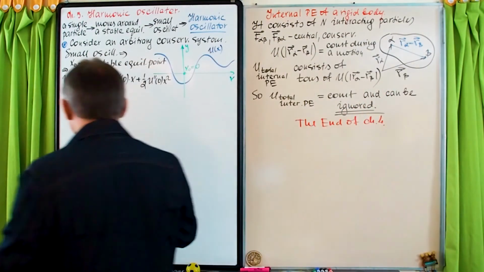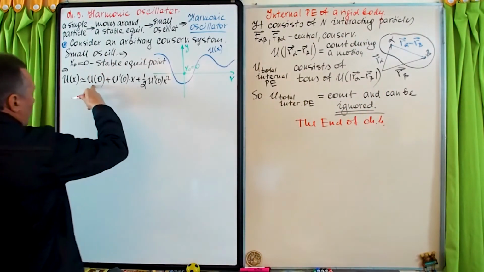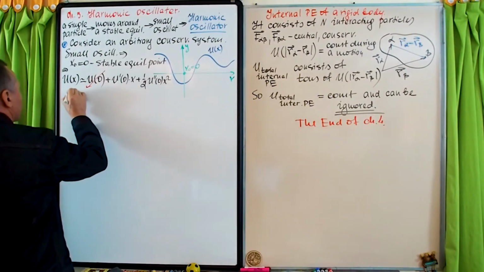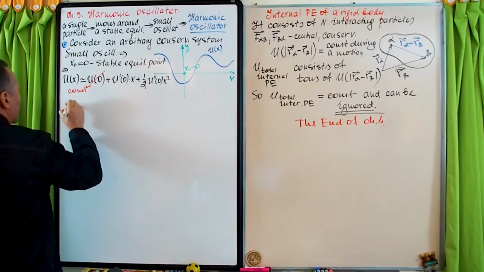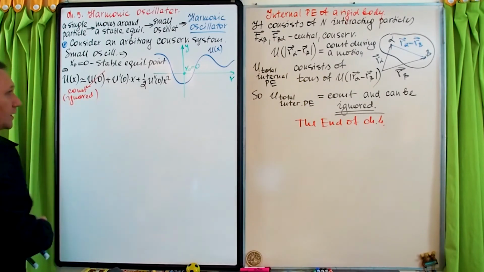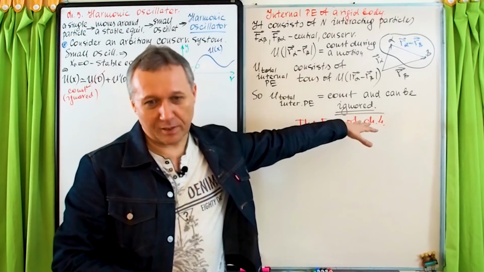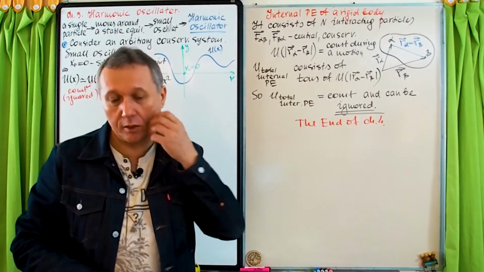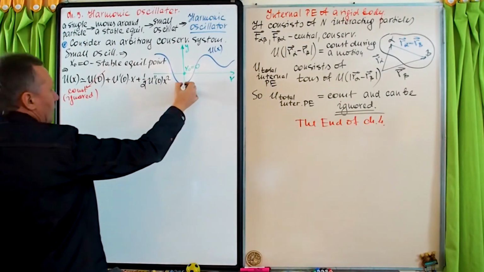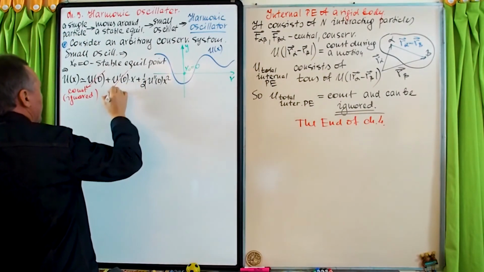So U at 0 is some constant, so it can be ignored, like we ignored over here mechanical potential energy, internal potential energy, because it's constant. Then, it's a stable equilibrium point, so as a result, this is 0.